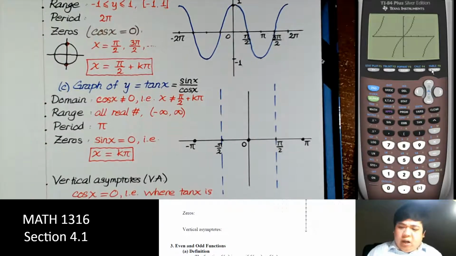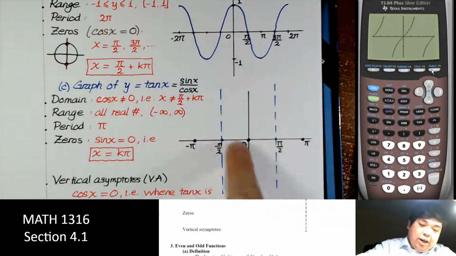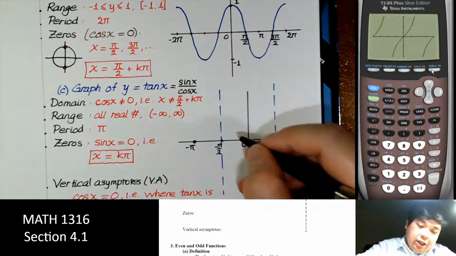And if we want to, we can always graph. So there's the asymptote, and those are the zeros. And the graph will be for one period.